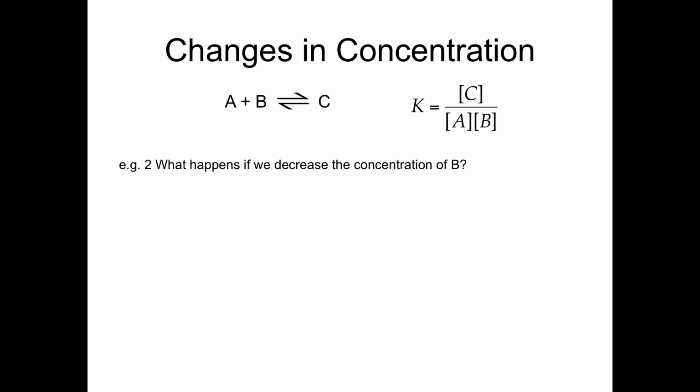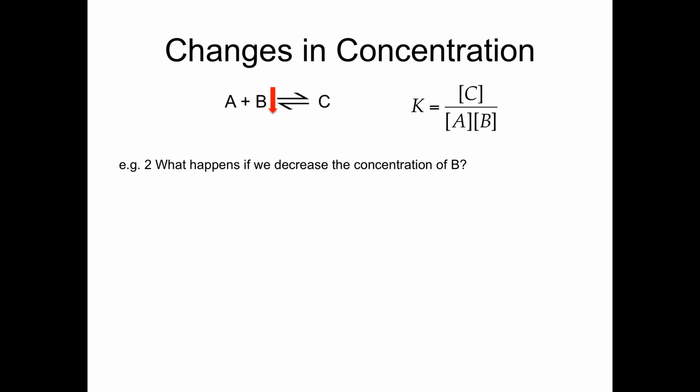So we can consider another concentration example. Not only could you increase the concentration, but you could also decrease the concentration by removing something from the system. So in this case, we're going to ask, well, what happens if we decide to decrease the concentration of B? Well, if we decrease the concentration of a reactant, then this is going to decrease the rate of the forward reaction.